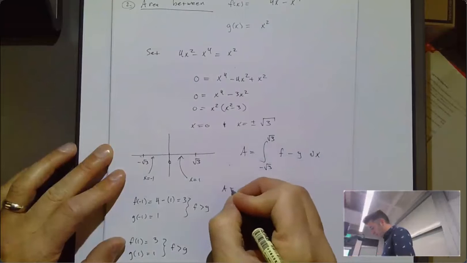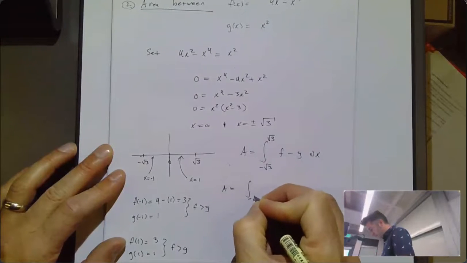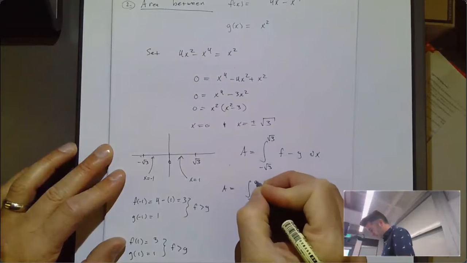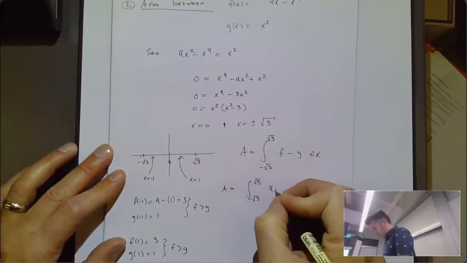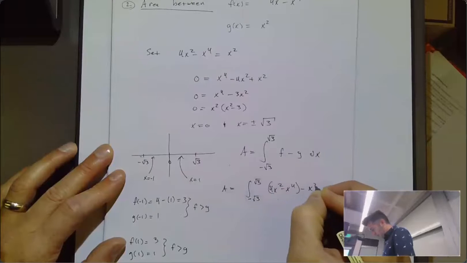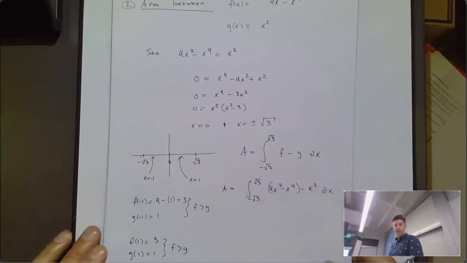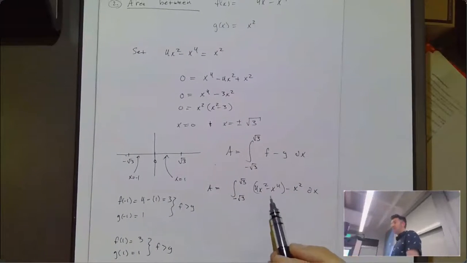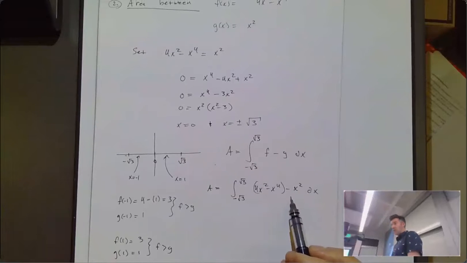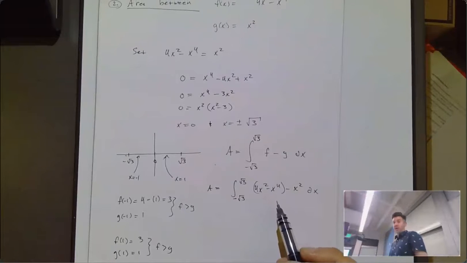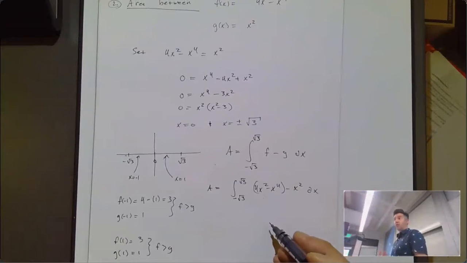Now this actually also allows us to do something else, which is going to make it a little bit nicer. So f is 4x² minus x to the 4th minus g, which is x² dx. I would point out that this function is an even function. If you replace x with negative x, it's the same. Or you can just see, since it's a polynomial and all the powers are even, it is an even function.